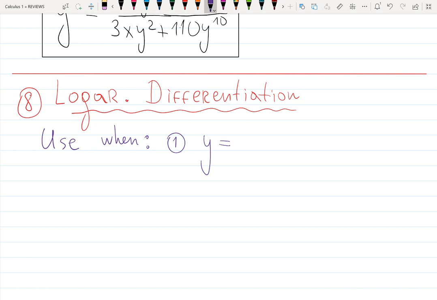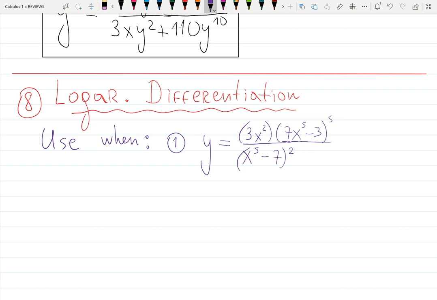For example, you're working with (x^5 - 7)^2, and then there's going to be something like 3x squared times, and then we'll do (7x^5 - 3)^5. Something like this.